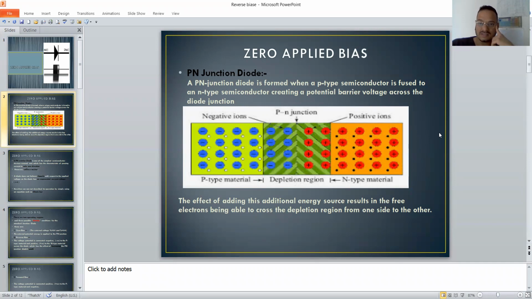That means it has 5 electrons at the last shell, so we can generate many electrons here by donating one of the 5 electrons at the last shell to reach a stable situation.